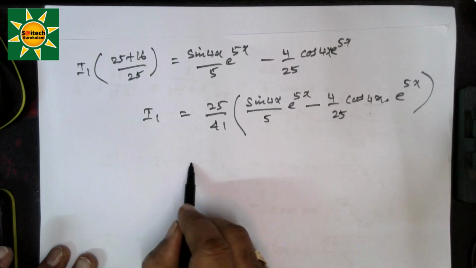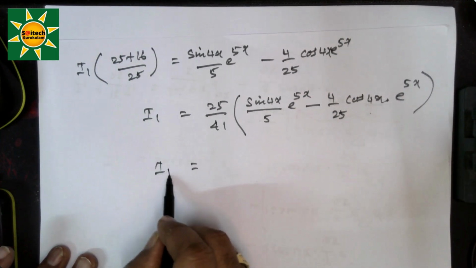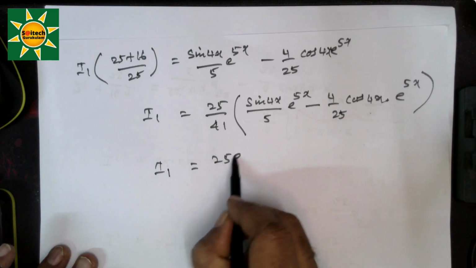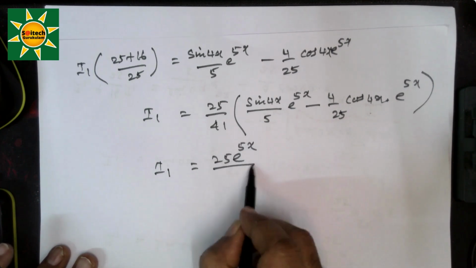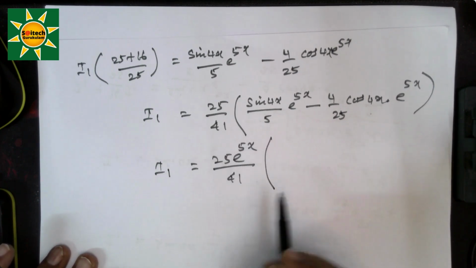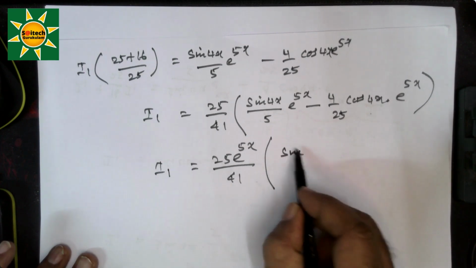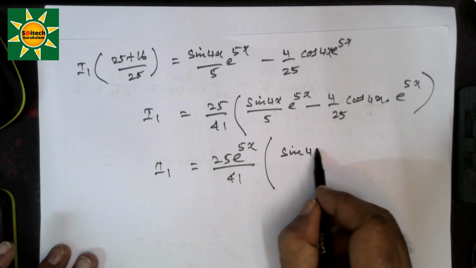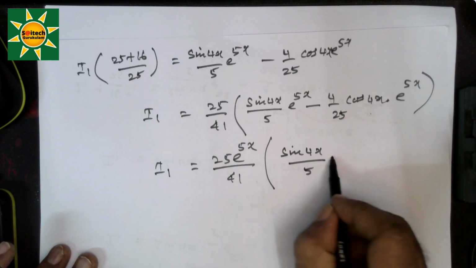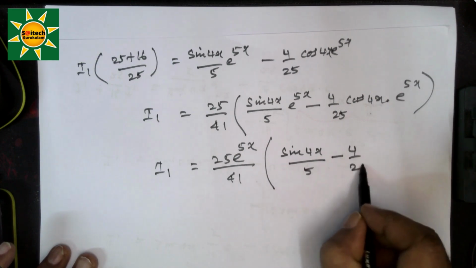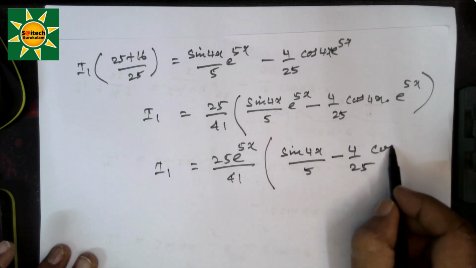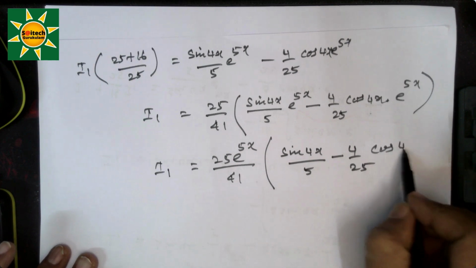Otherwise you can write like this, 25 e power 5x divided by 41, open the bracket, then sine 4x divided by 5 minus 4 by 25 cos 4x.